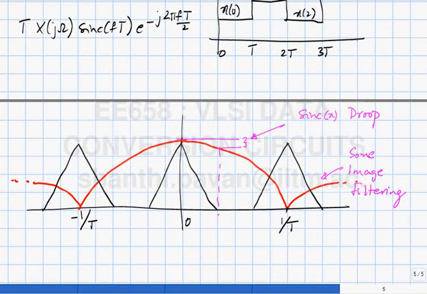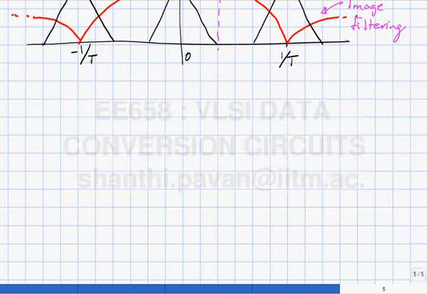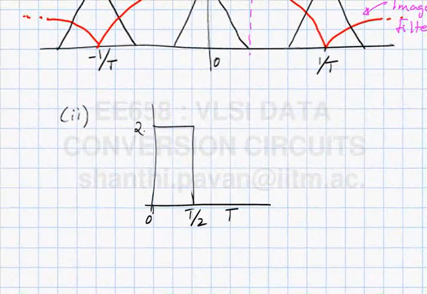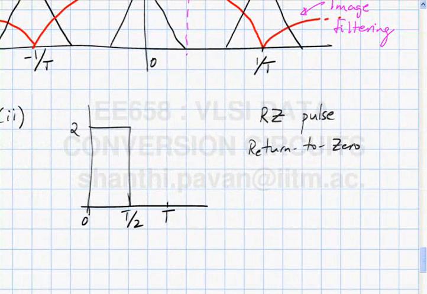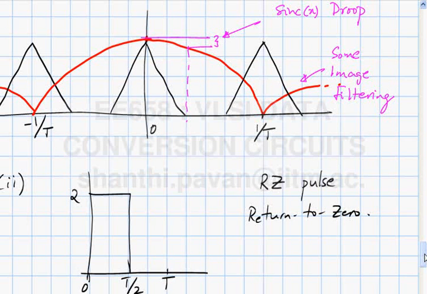Another commonly used pulse shape rather is, what is this pulse shape? What could you likely call this? This is the so-called return to zero, RZ, pulse. What does the Fourier transform of this guy look like now?